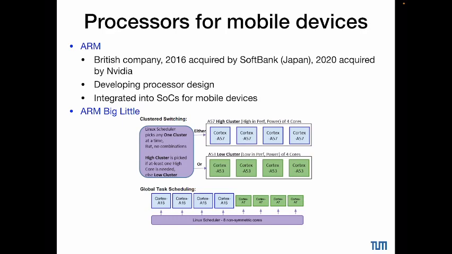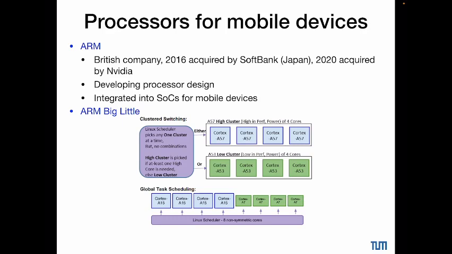ARM is originally a British company, and it was then bought in 2016 by SoftBank in Japan, and recently acquired by NVIDIA. NVIDIA is a company that sells GPUs.